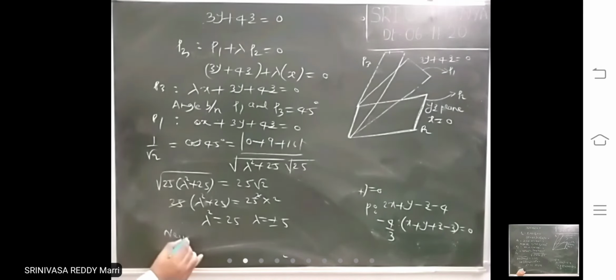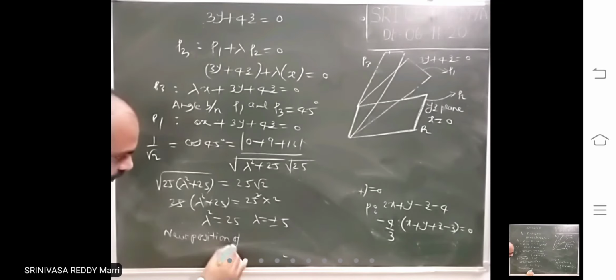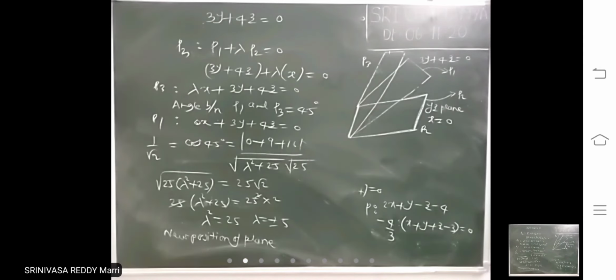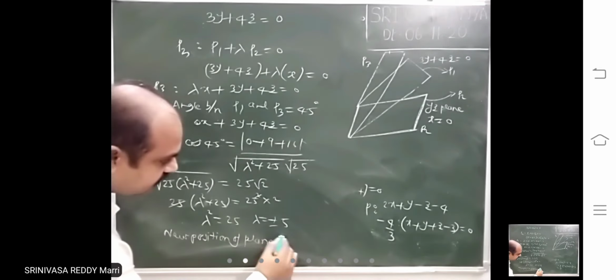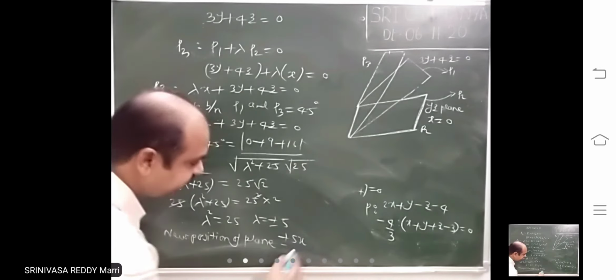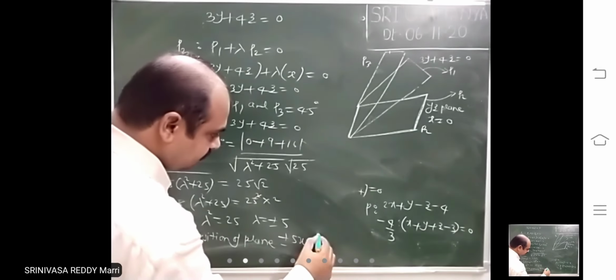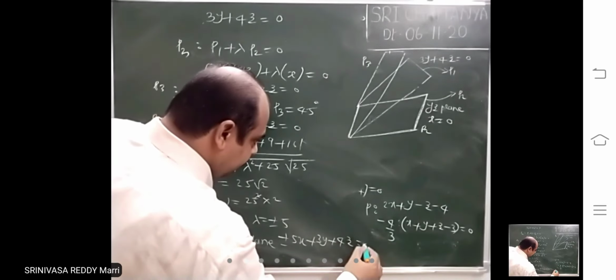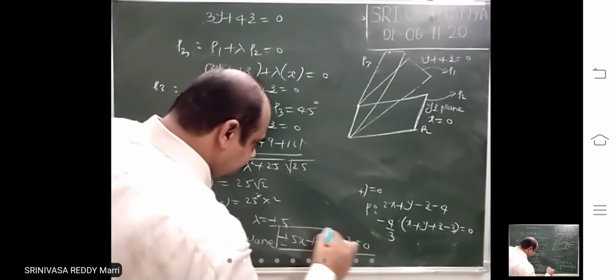So the new position of the plane after rotation is nothing but, you substitute lambda, plus or minus 5x plus 3y plus 4z equal to 0.